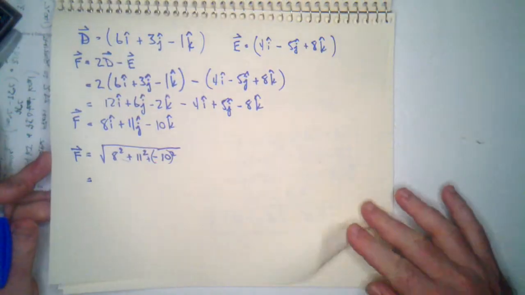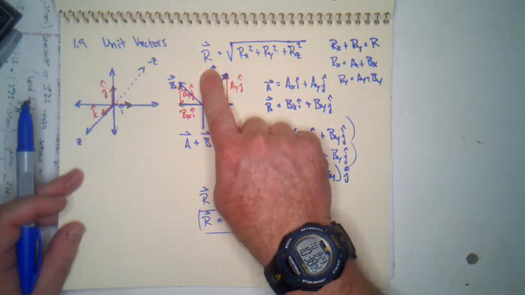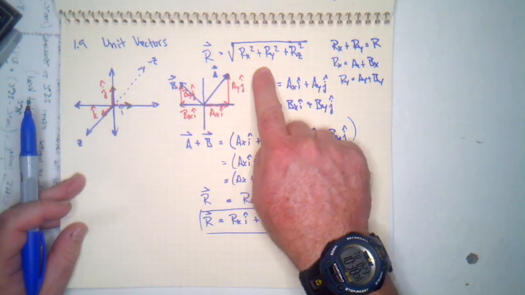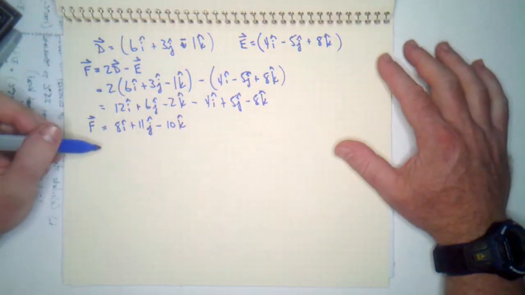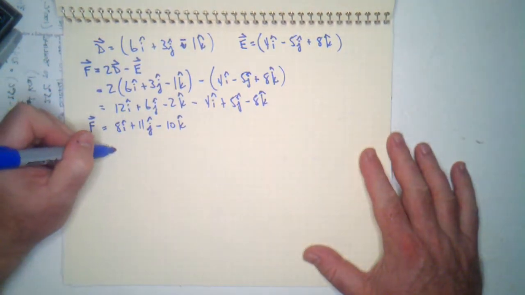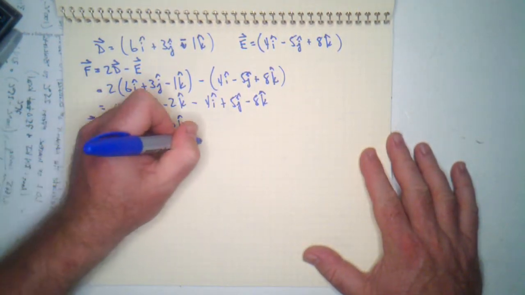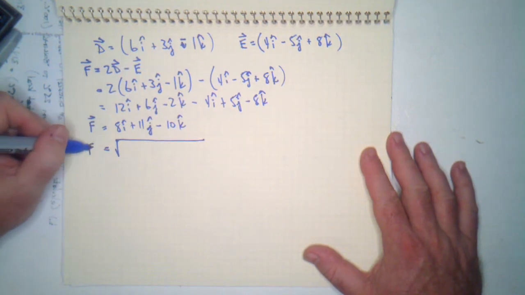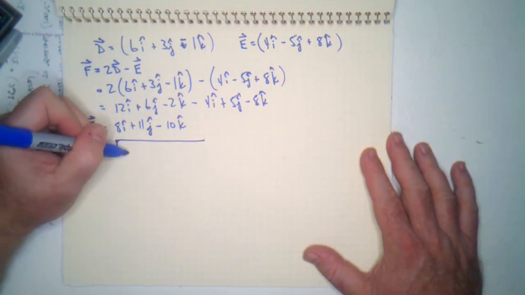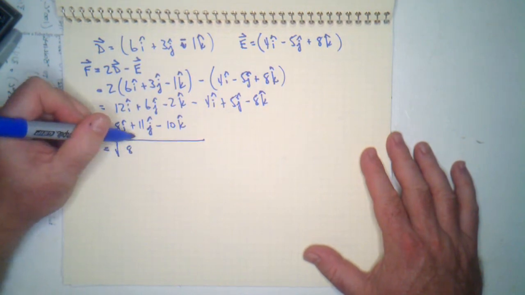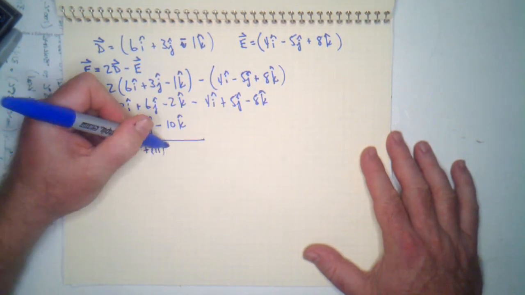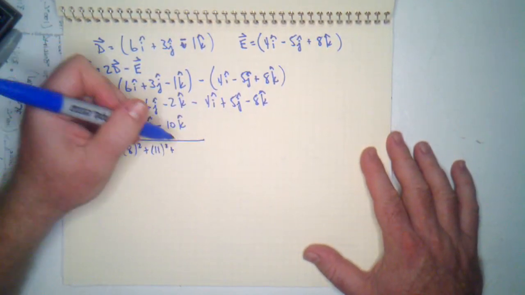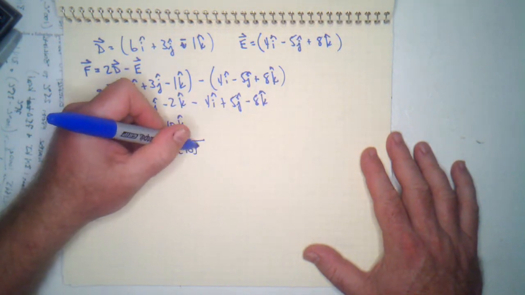And if we go back to our little formula here, the resultant vector equals the square root of rx squared plus ry squared plus rz squared. We can just square all of these components to get the resultant vector F. So that's going to be 8 squared plus 11 squared plus negative 10 squared.